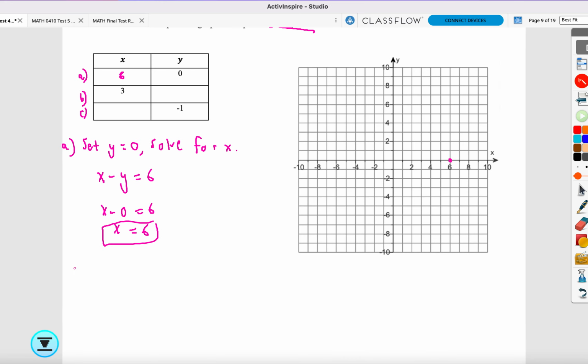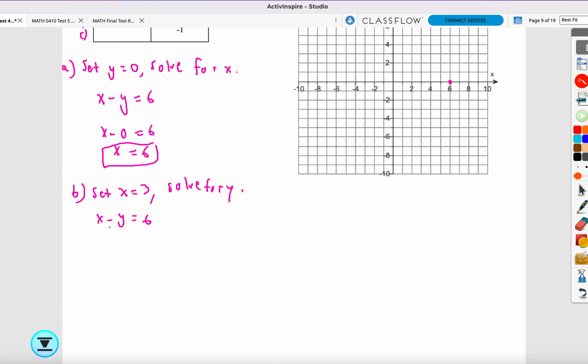B. B is 3. So set X equals 3. Solve for Y. So then we get X minus Y equals 6. X is 3, so it's 3 minus Y equals 6.